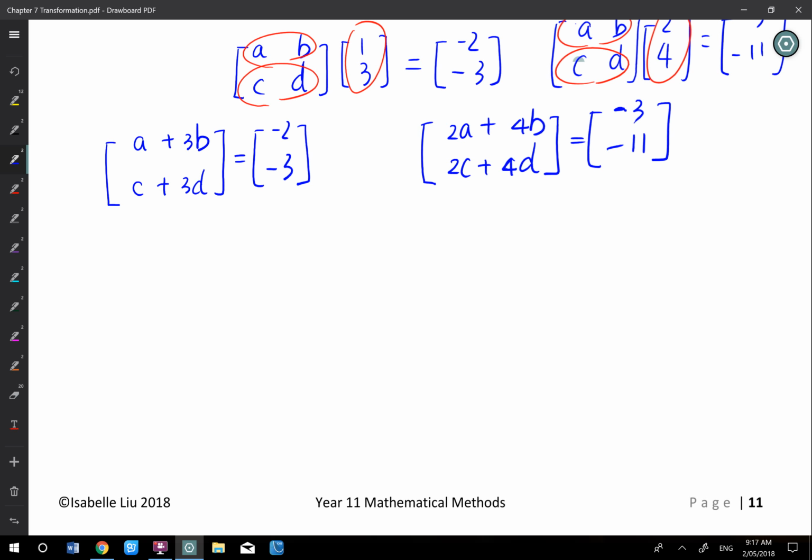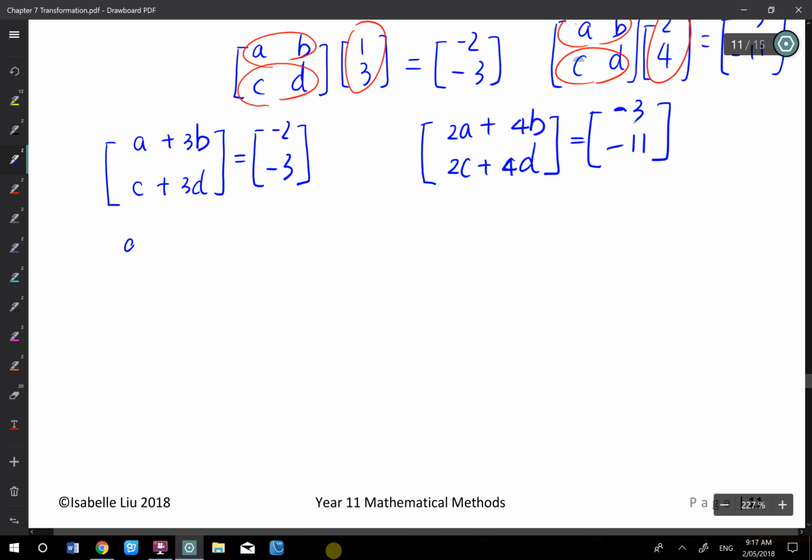That's the calculation step. Set up, calculate, equalize. So A plus 3B must be the same as -2, and C plus 3D must be the same as -3. That's from the first.